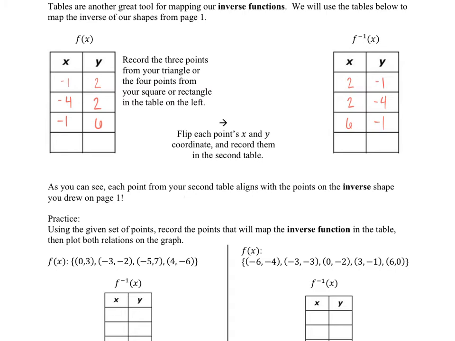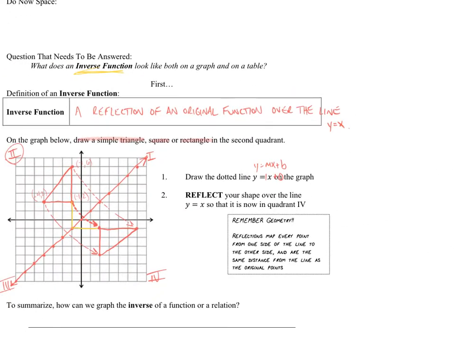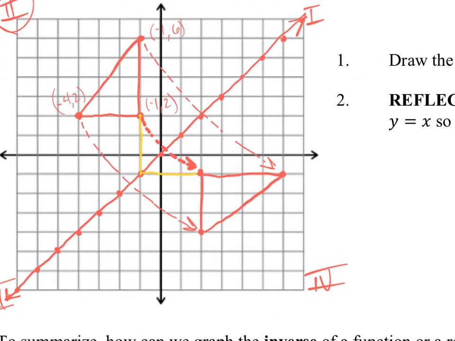Now if you look at these points that you just created by flipping these points, you'll see that these actually make up the shape that you made on the last page. So if I go back to page 1, I can just show you, if I label this second triangle that I created, if this point here is 2, -1, you can see that that's literally that point but flipped.